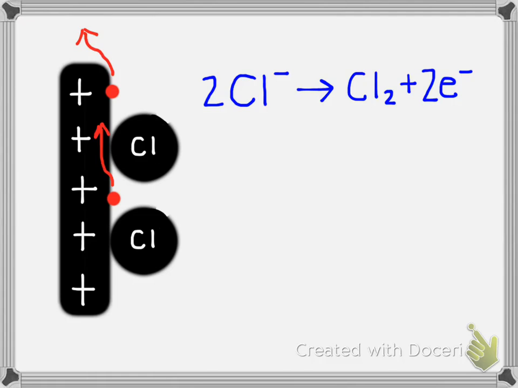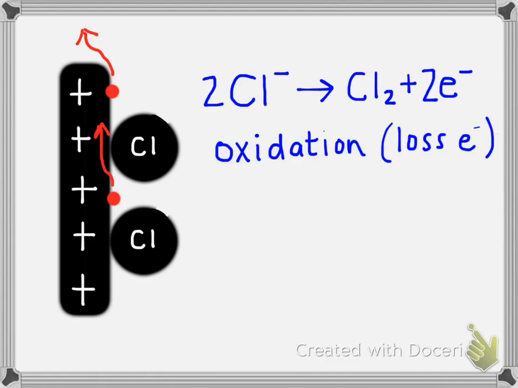Chlorine doesn't exist as monatomic atoms because they have only 7 electrons in the outer shell, so they will always bond to another chlorine atom to form a diatomic molecule, Cl2. Now, this process of losing electrons is called oxidation. Oxidation is defined as the loss of electrons, and you can clearly see that those chloride ions are losing electrons.